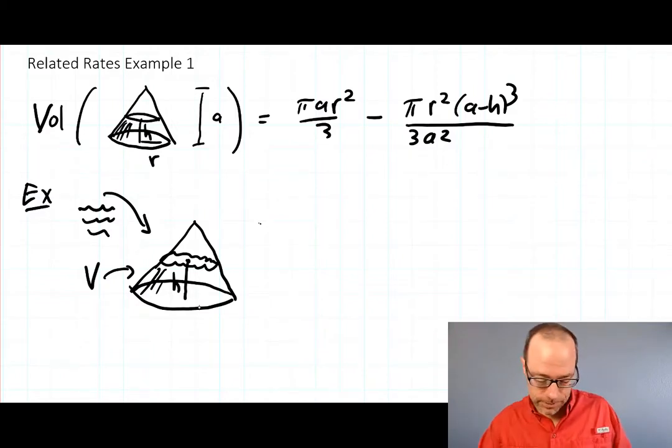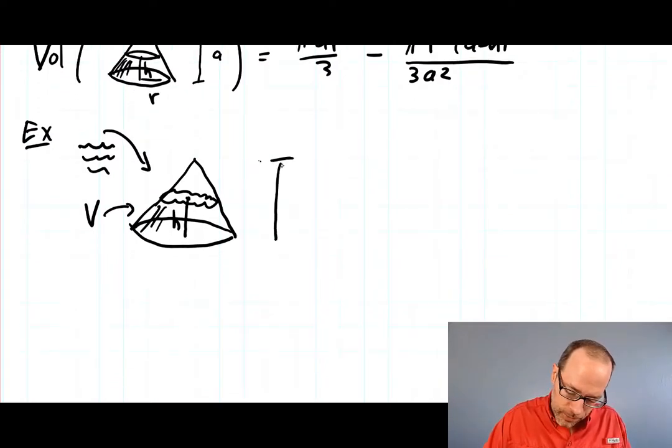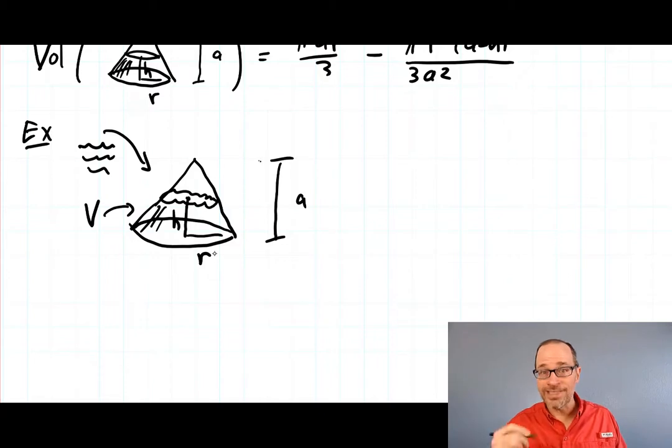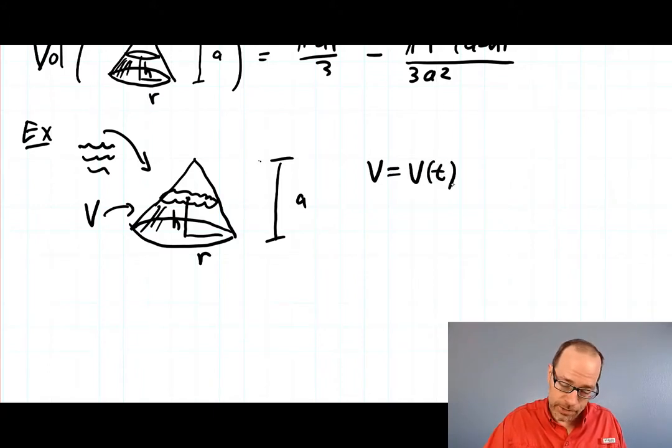So in this scenario, again, the total height is A and the radius of the bottom is R. And the important thing to remember is that there's a hidden variable, time, here. So V is not a static thing. V is really V of t. It's changing as a function of time.